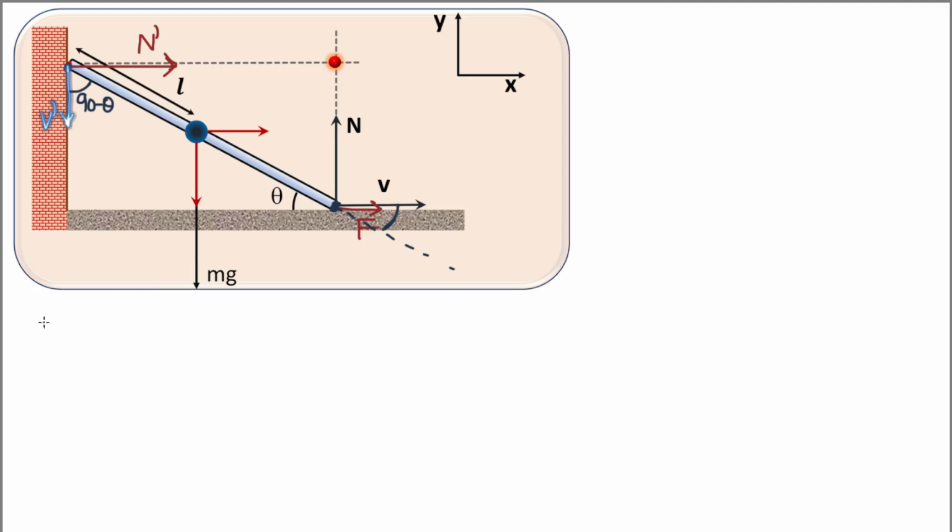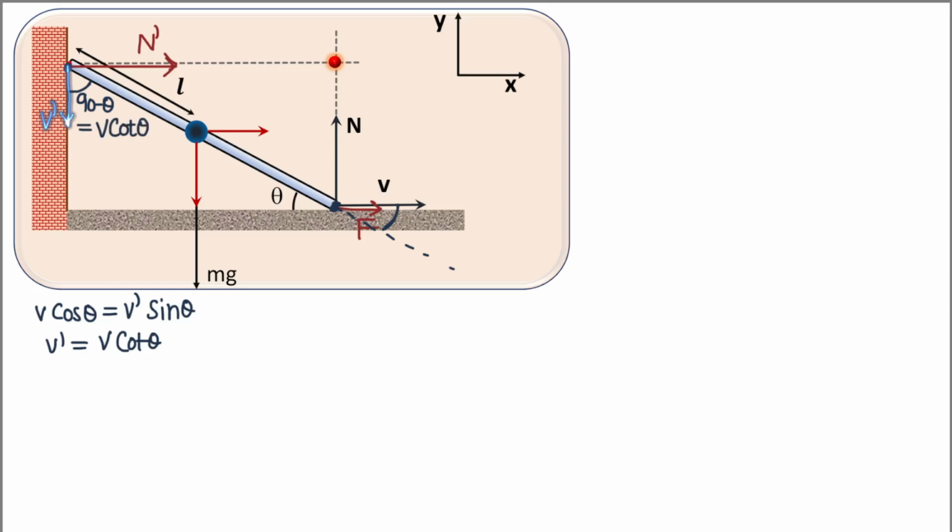So we can equate these two velocities. v cos theta is going to be equal to v dash cos(90 minus theta), which is v dash sin theta. So v dash will actually become v cot theta, right? So this velocity has become v cot theta.